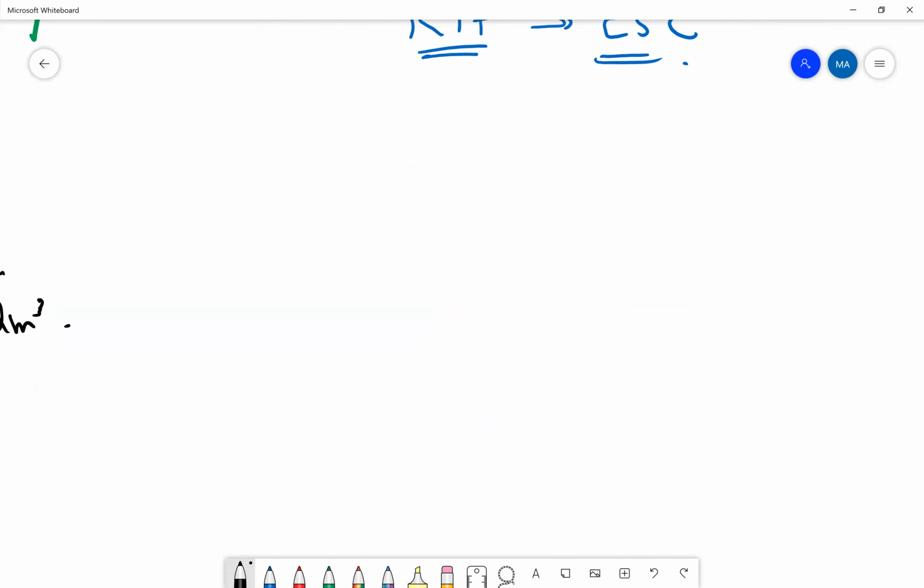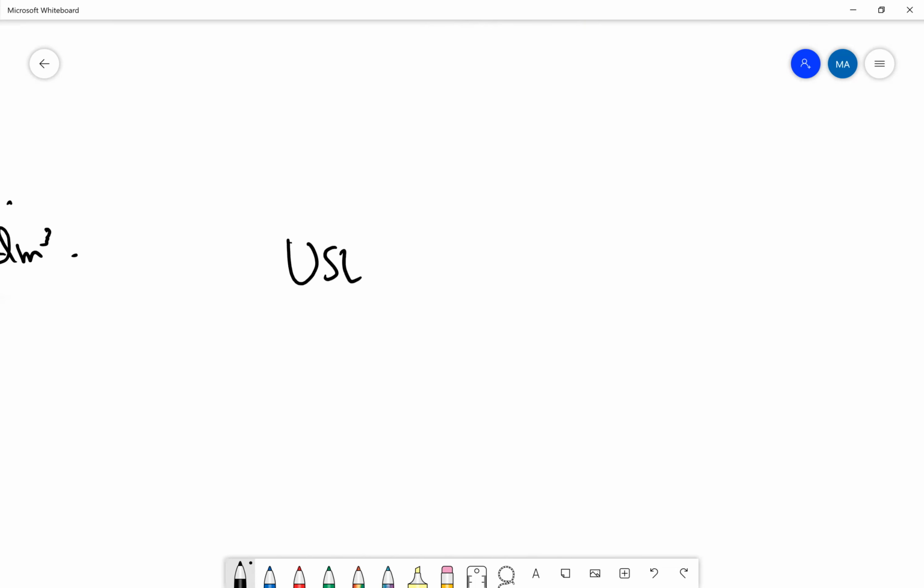So for example, I'll write an example equation here as well. Use of balanced chemical equations.